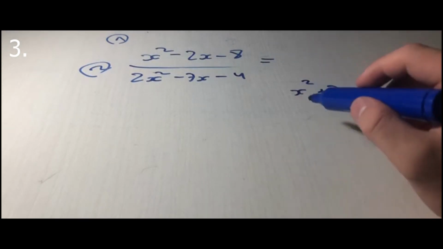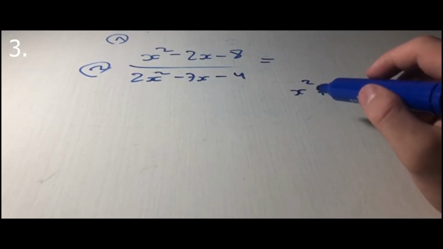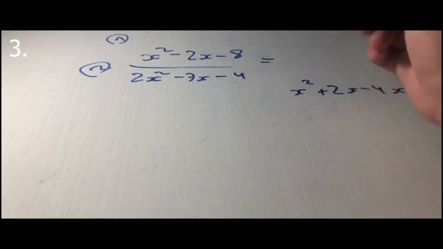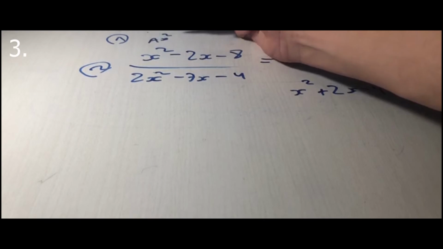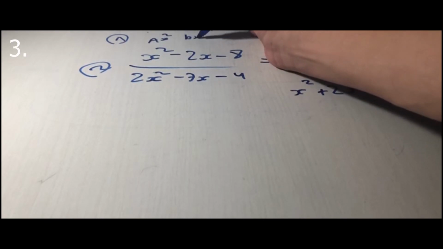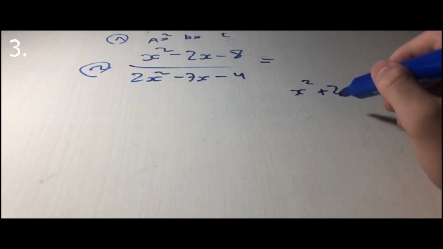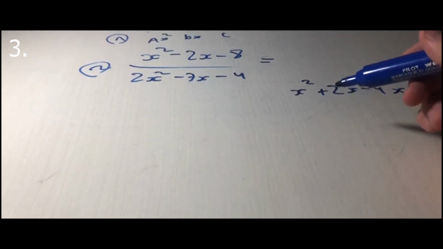So the sum of the factors of a and c is b, where ax squared is the first term, bx is the middle term, and c is the last. Okay, so right now we just have to solve this equation, and it's very simple.